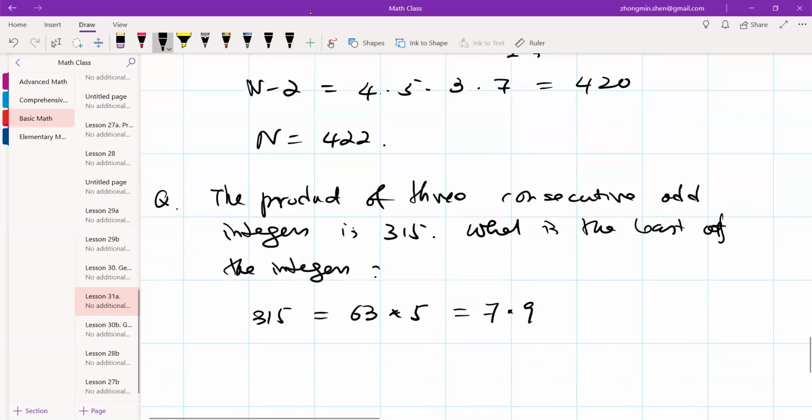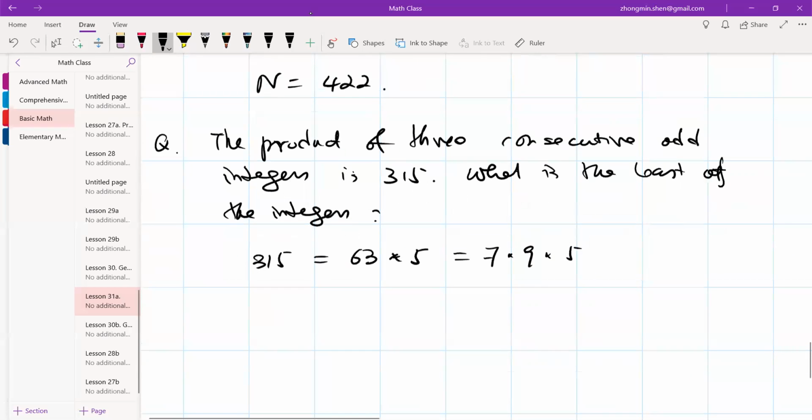So clearly you quickly get the product of 5, 7, and 9. So this is the product of 3 consecutive odd integers. The list of the integers is going to be 5, 7, 9. Kevin is right. So the answer is 5, 7, 9.